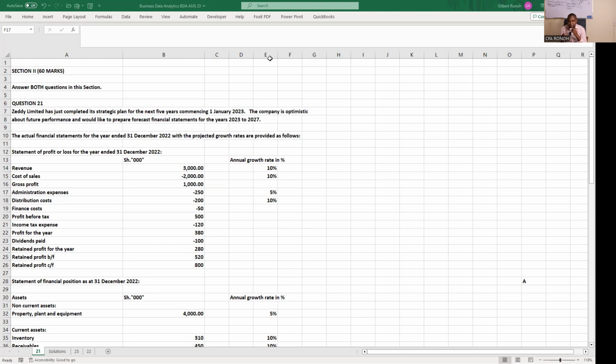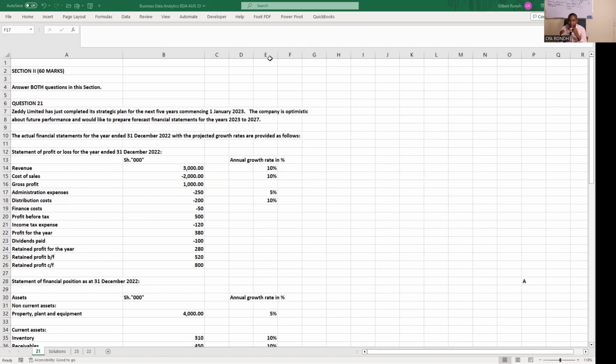So we start with Question 21, which was tested last sitting. This question is saying, ZD Limited has just completed its strategic plan for the next 5 years, commencing on 1st January 2023.